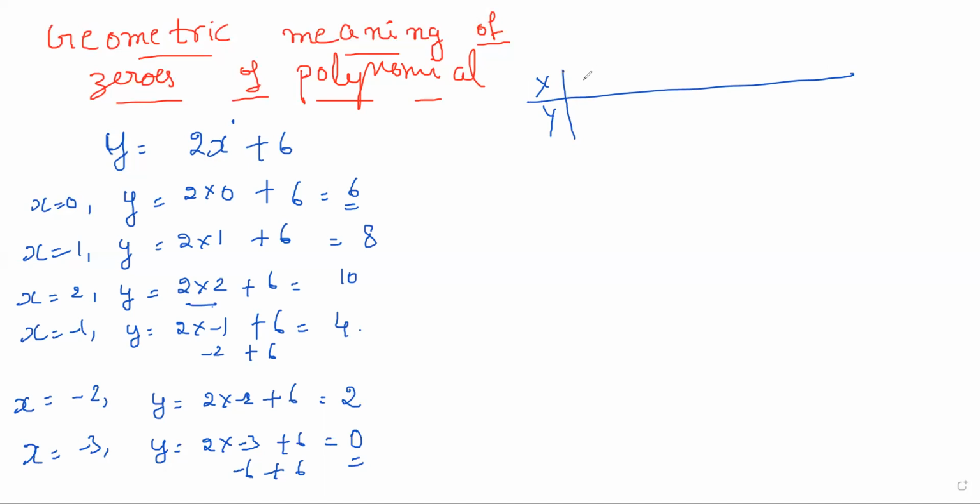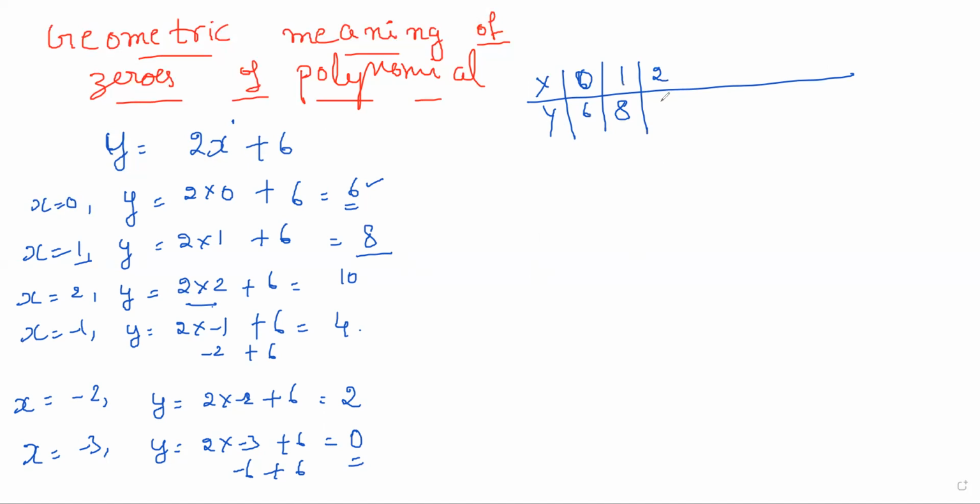When x is 0, see what is the value of y here? 6. When x is 1, y is 8. Just write whatever we have done here, children. I'm writing in the table.